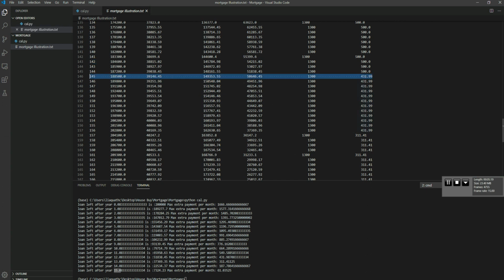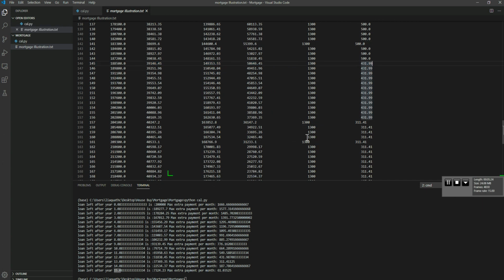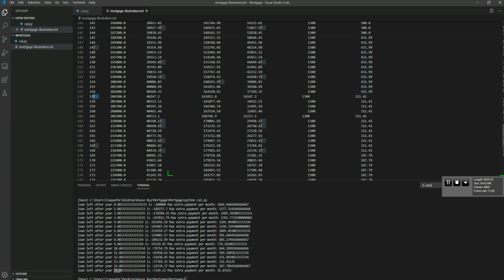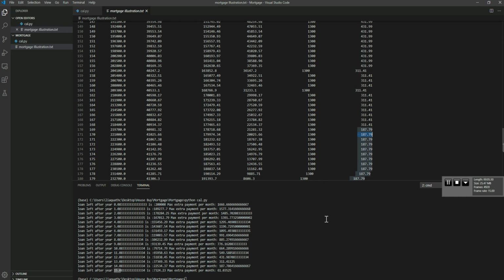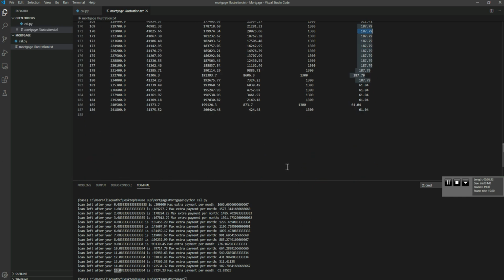From month 145, you are paying 431 instead. Then after month 157, you are paying 311, then 187, and then only 61 extra. This is because we want to keep ourselves within that 10%.